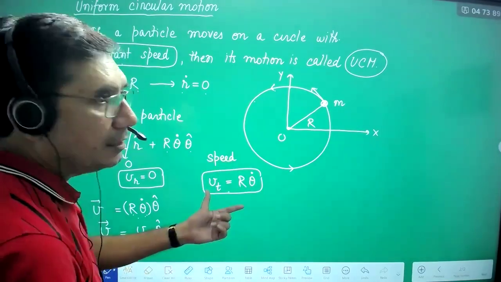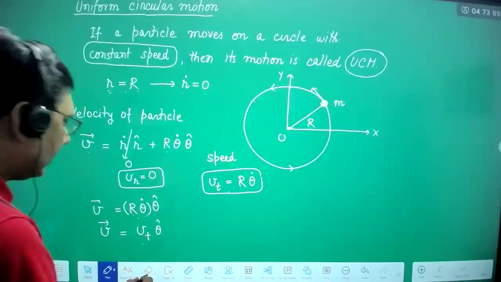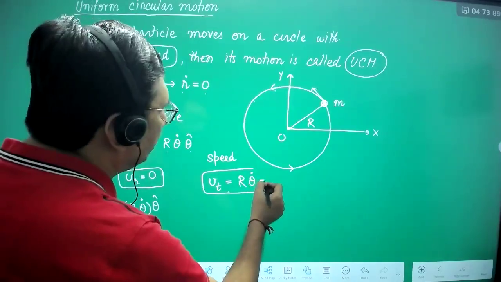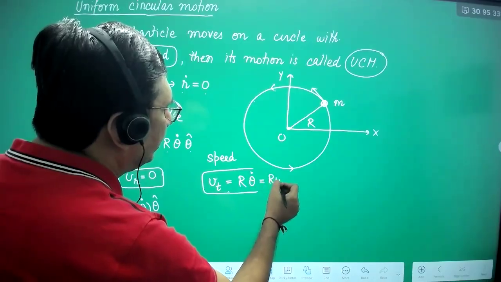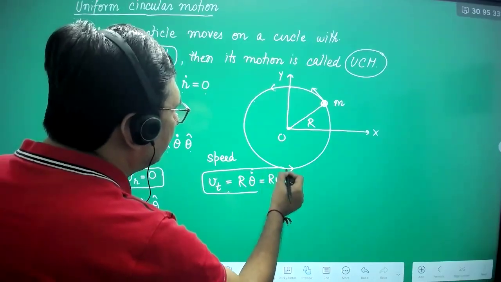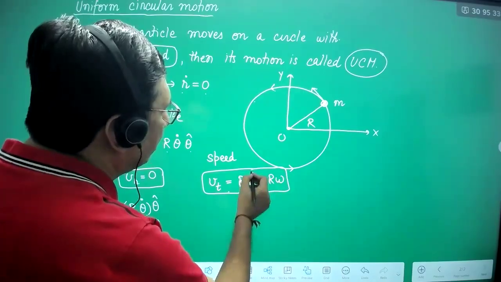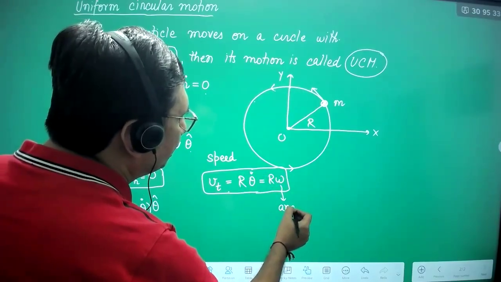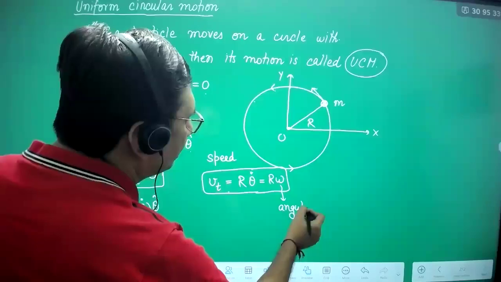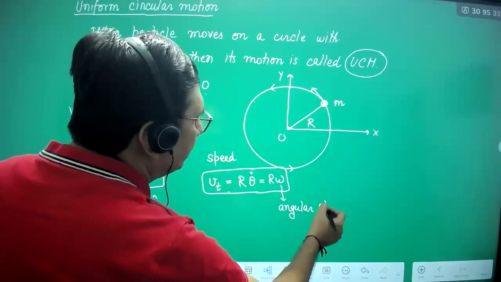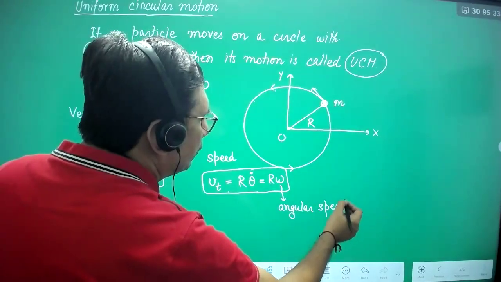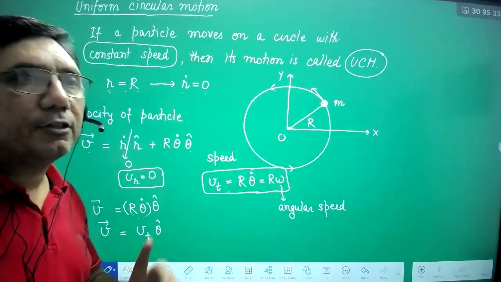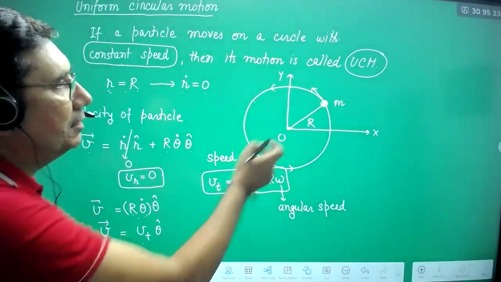So speed is constant, or in place of theta dot, you can also write omega. You can also write it as r omega. What is omega? Omega is the angular speed, theta dot or omega. So angular speed is constant, the magnitude of its velocity is constant, but direction is continuously changing.